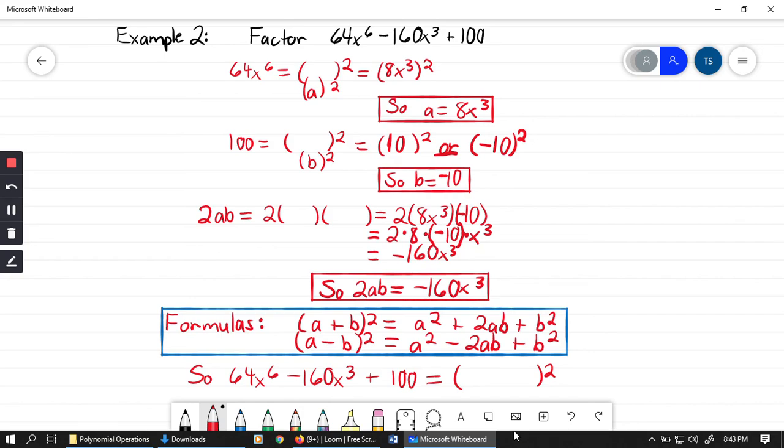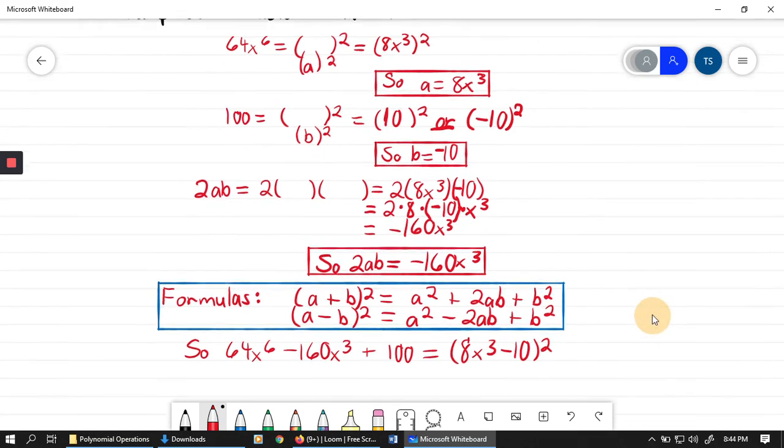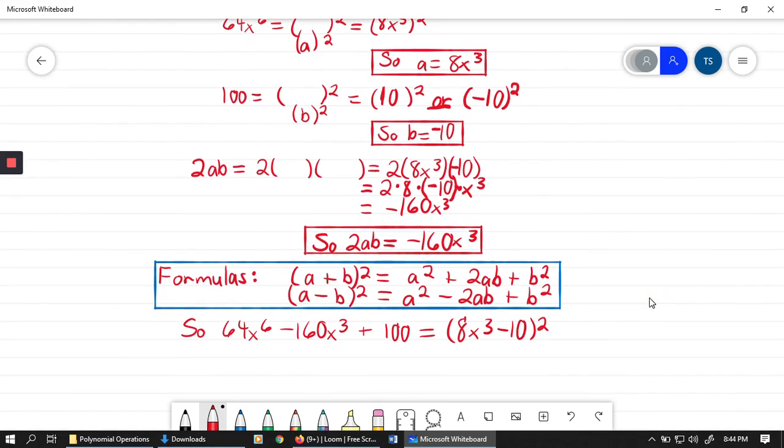So again, that's 8x to the third, and b is 10. And remember, I'd asked us to consider the fact that this was negative 10, and that was the reason why. Okay, that is it there. That is the answer, our two factors. Alright, so we have factored this thing here.